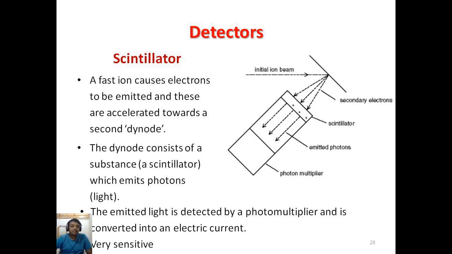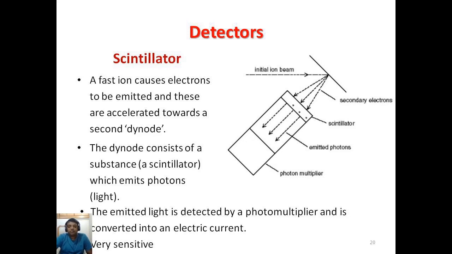The scintillator is a very fast detector in which electrons are emitted and accelerated towards the second diode. The ion beam is bombarded on an electron generator plate, and the electrons generated are also called secondary electrons, which reach the scintillator.